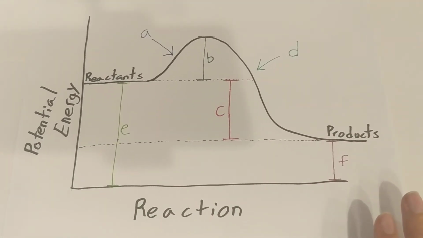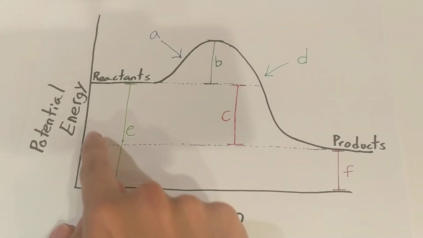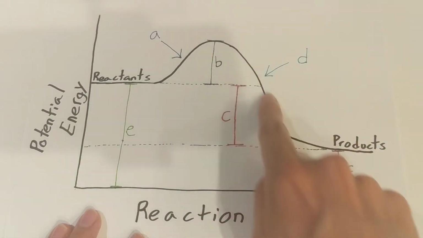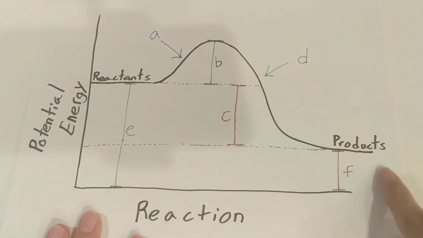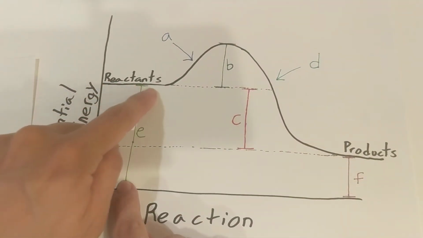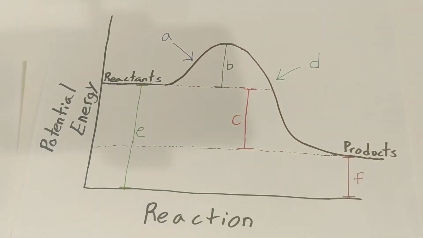All right, and we'll start with, I guess we'll start with E and go across this way, because this is kind of a story. This is how it flows as far as time goes. So we'll go this way. So E is how much energy our reactants start with. So this will be the energy of our reactants.